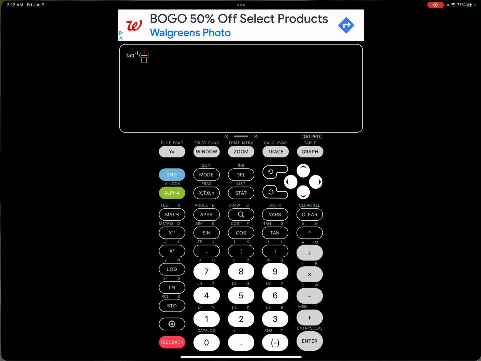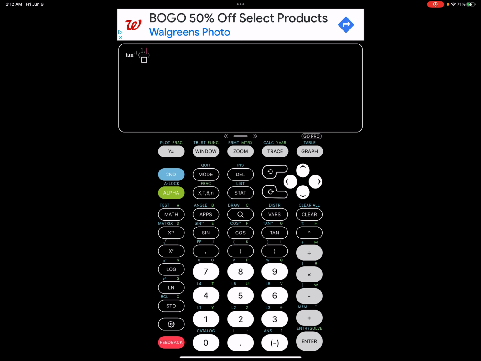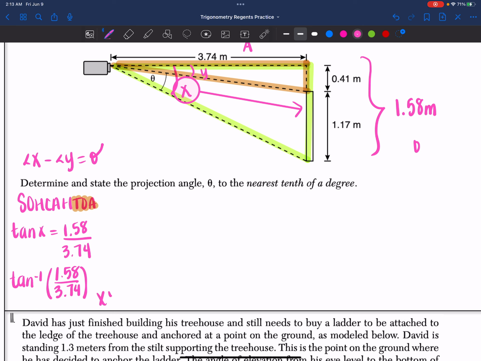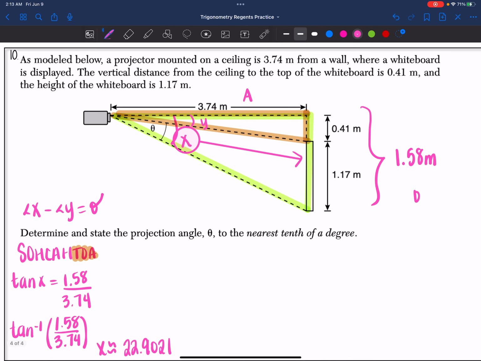Whoopsie. I'm delirious, guys. 1.58 divided by 3.74, and that's approximately 22.9021. So that angle x is approximately 22.9021. Now, I need to subtract y from x, so let's figure out what y is.